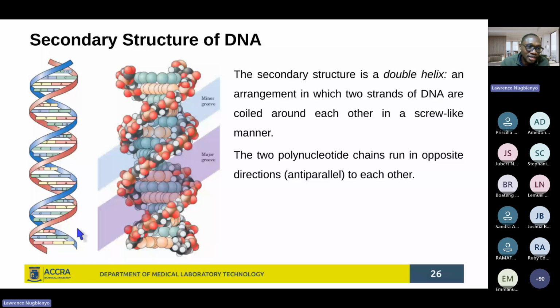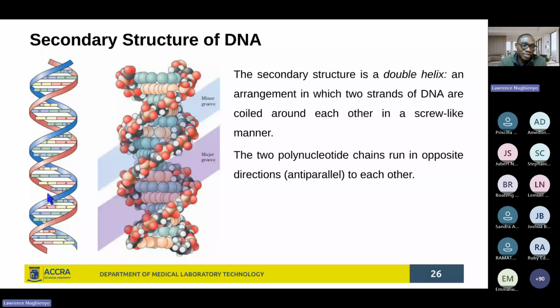And for these double strands, we see one strand shown in blue and the second strand shown in orange or red. These two strands are winding around each other, forming a double helix structure.